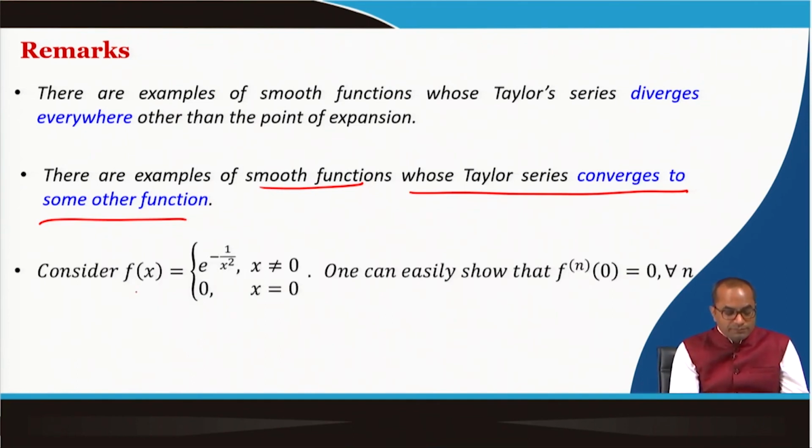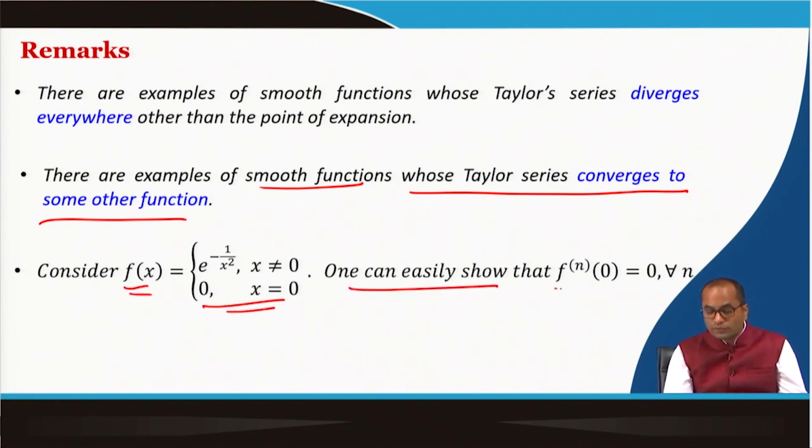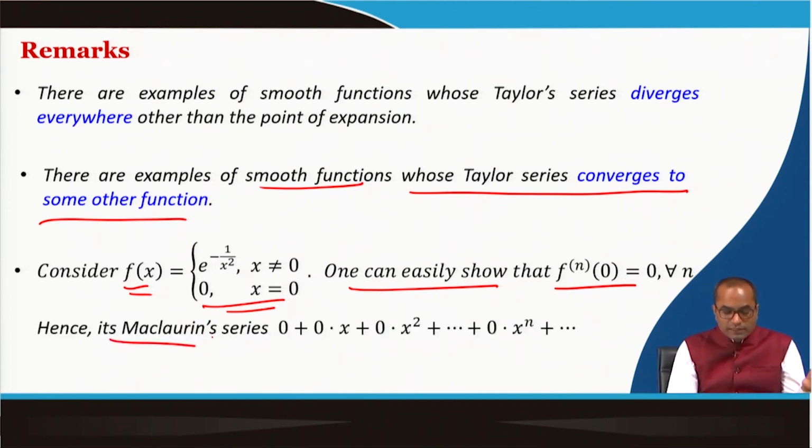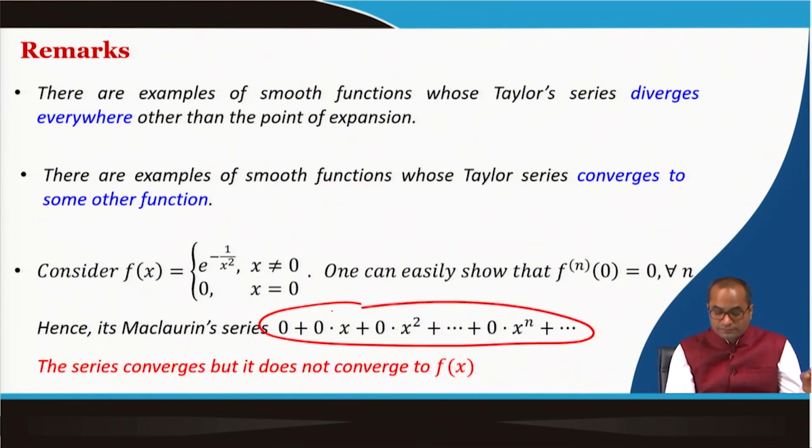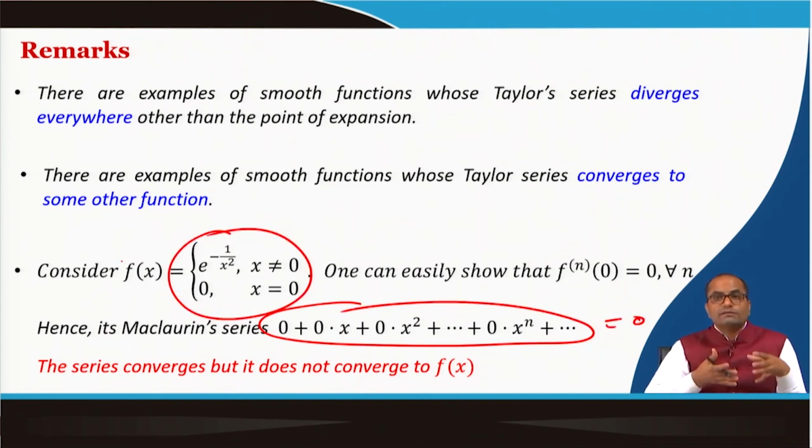A very simple example: if we consider this f(x), one can easily show that all n-th order derivatives, first order, second order, all are 0, and so we can write down the Maclaurin series, because all derivatives are 0, 0 plus 0 plus 0, so everything is 0 there. So this series converges, and it converges to 0, but it does not converge to the given function.